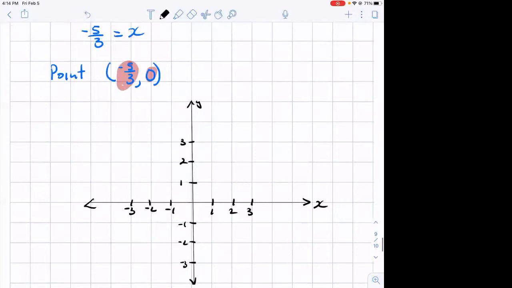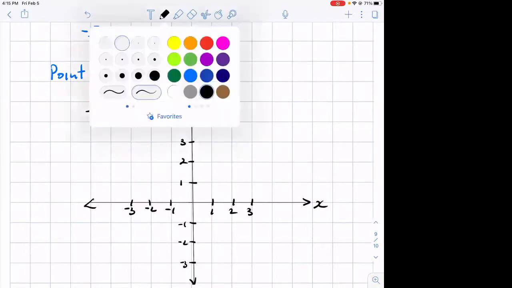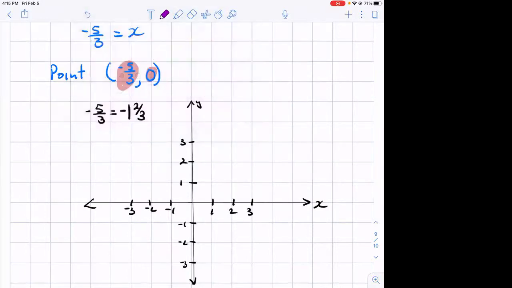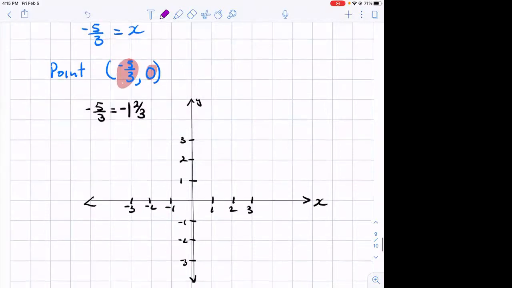So the first point, remember, 5/3 is the same as -1 and 2/3, right, as a mixed number. So that point minus 5/3 is somewhere between -1 and -2. So y is 0, sorry, y is 0. So the x is somewhere between -1 and -2. And we just put it there, okay?